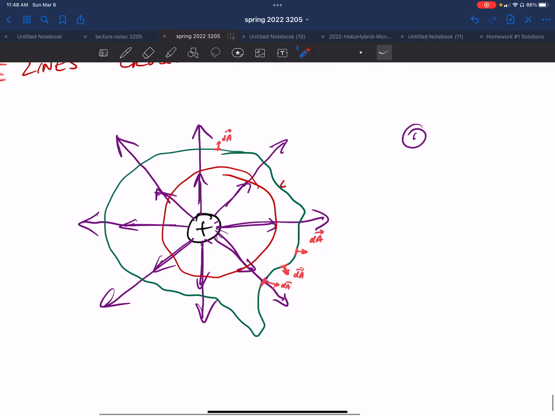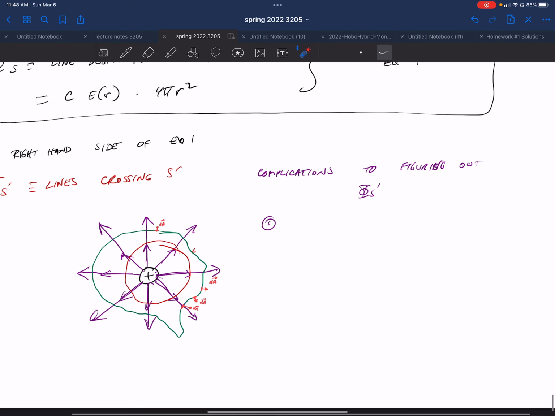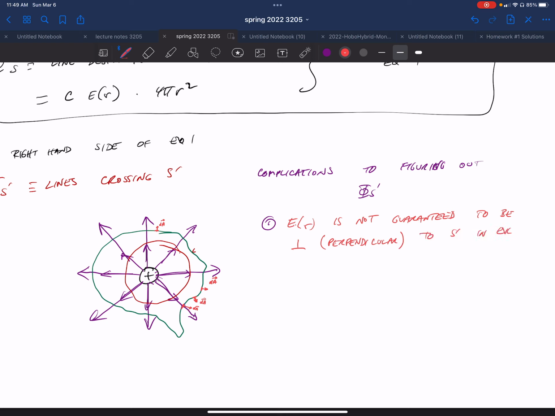So that's reason one: E sub r is not guaranteed to be perpendicular to S prime in every bit of S prime's area.